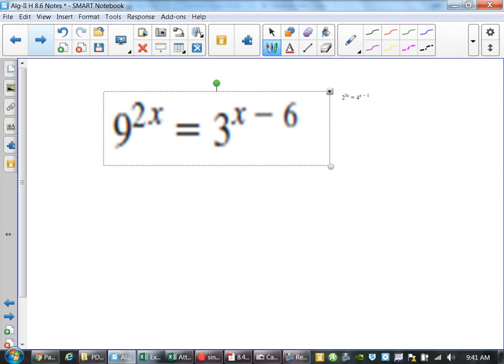Okay. So you have 9 to the 2x equals 3 to the x minus 6. What's going to be your common base? 3.